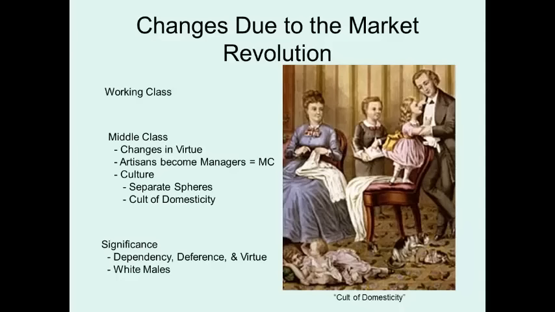Now, thanks to this cult of domesticity, the woman is going to have superiority in the area of home life. And so the father is not going to be necessarily interfering with the children. He's not going to be interfering with the home budget necessarily, with the shopping, with what she does. And that's a big change, because going from no power to having some power, that is a big shift.